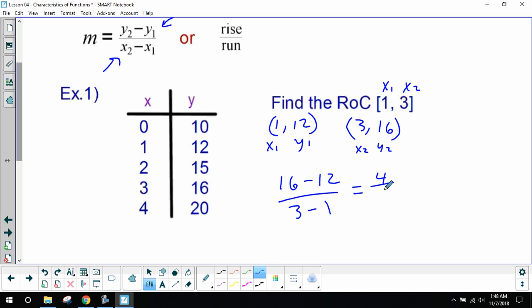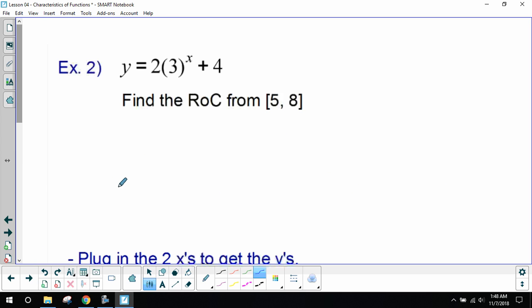Let's keep going. Again, pause the video so you can jot it down. Now again, this is your x1, x2. So let's find the coordinates for y1. 5, just plug it in.